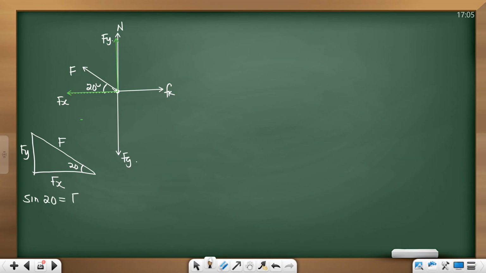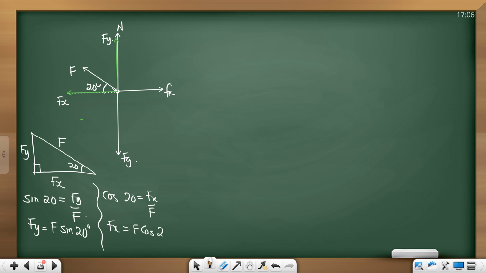Opposite over what? Hypotenuse. So what is Fy? F sine 20 degrees. What about cos 20? Adjacent over hypotenuse. What is Fx? F cos 20 degrees. Make sense?